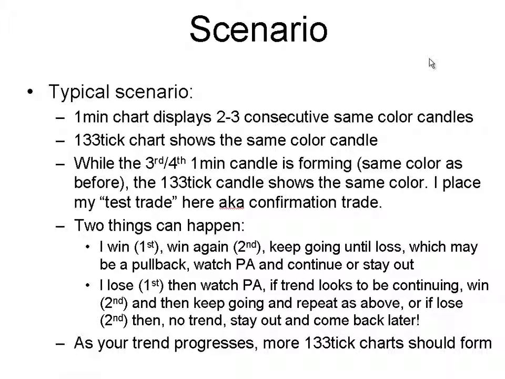You can play around with that. Based on your criteria, I'm using 2 to 3. So on the third or fourth 1 minute candle, if it's forming the same color in the trend that I think is forming, and the 133 tick candle reinforces this movement, then I place my test trade here.